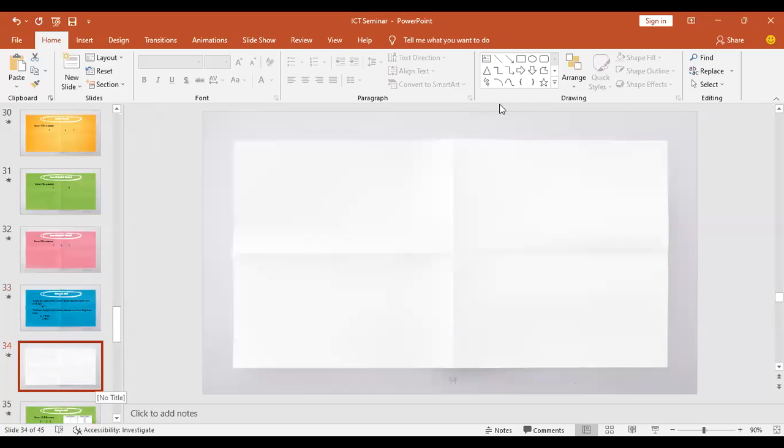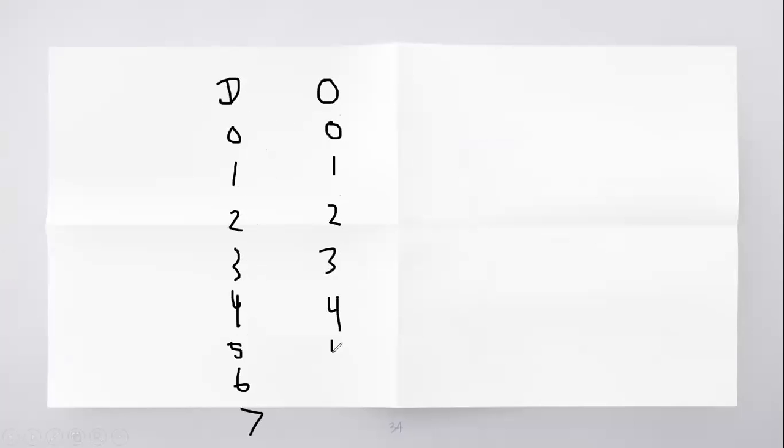Okay. So now this is the decimal number. This is the octal number. Okay. So from 0, 1, 2, 3, 4, 5, 6, 7, the 0 in decimal is equal to the 0 in octal, because it has the same numbers. So this is equal.